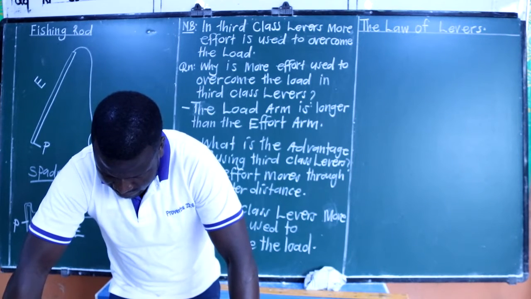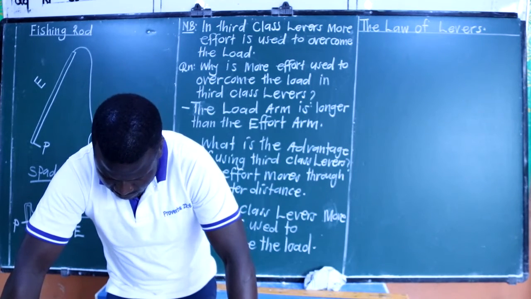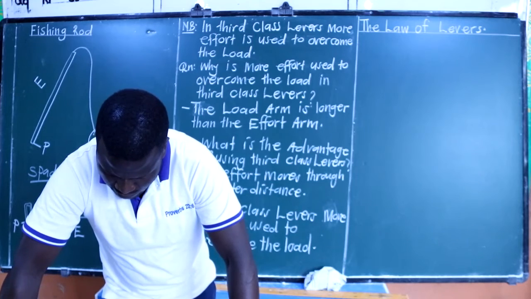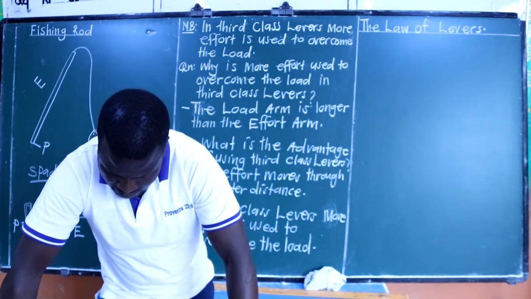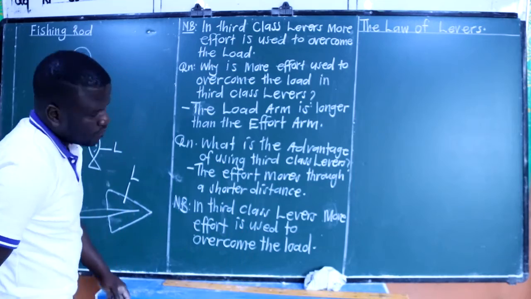The law of levers states that the load force multiplied by the load arm is equal to the effort force multiplied by the effort arm.